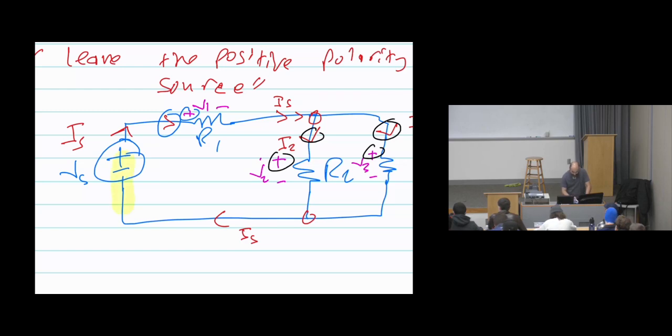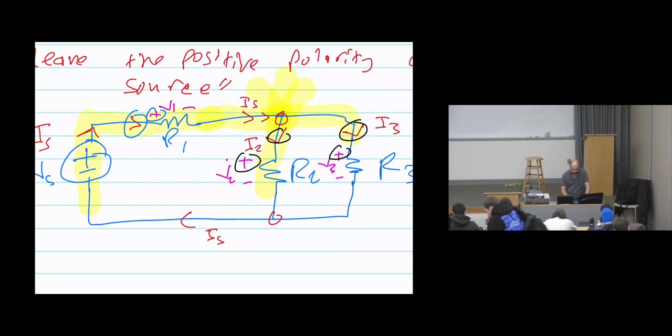So you can imagine there is a water flow from the source, and it keeps flowing. When it goes to resistor R1, it is the same current, no change, because there is no point where the current splits. Then, on reaching this point, it will be split. There will be a current going here and a current going here, which we can call, for example, I2 and I3. That's how we assume the currents.